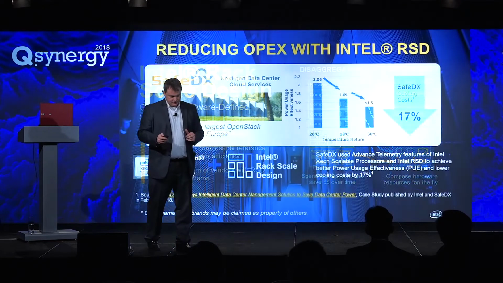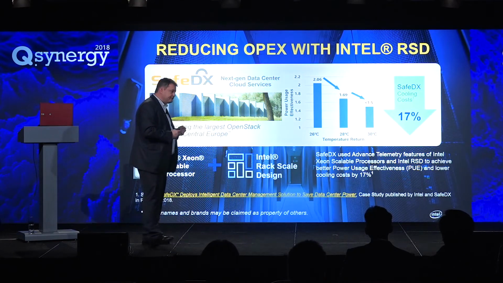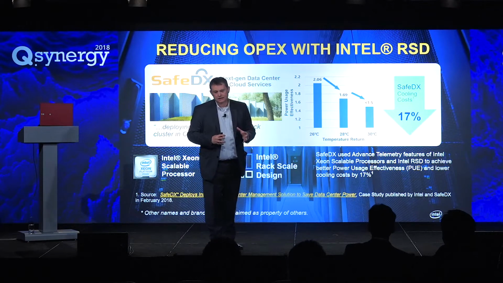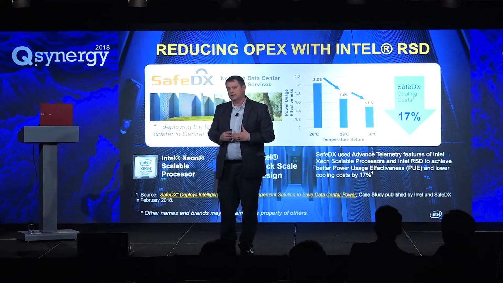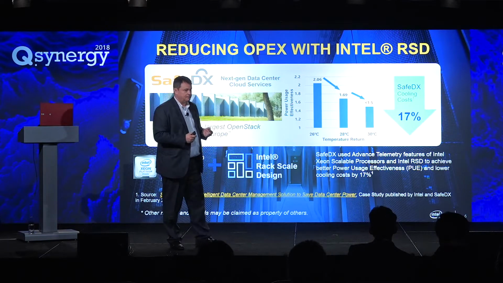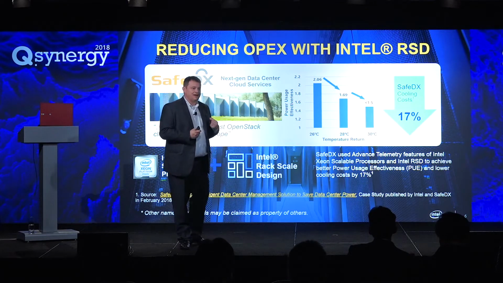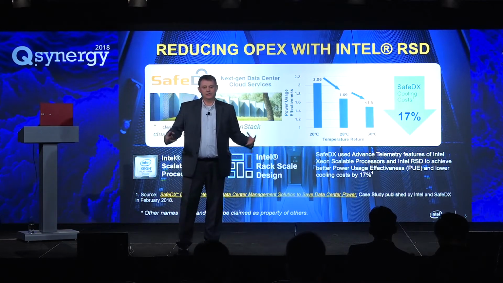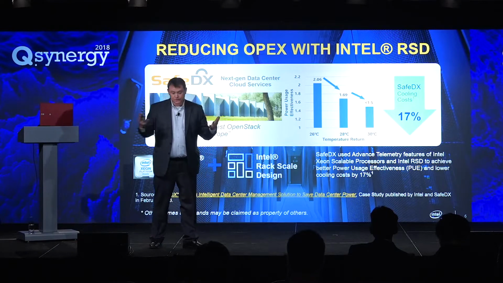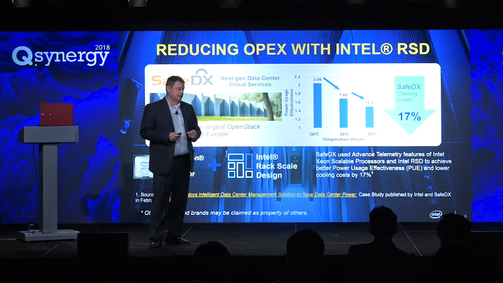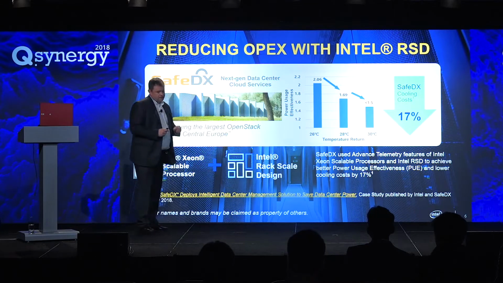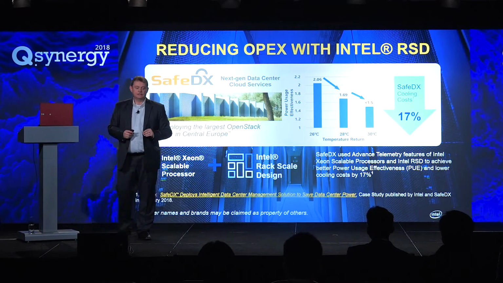All right, having talked so much about composability and disaggregation, I want to make sure that another key attribute of rack scale design does not get missed out. And that is the advanced telemetry that we provide as part of the software that we share with partners such as Quanta. This is a concrete use case from the largest OpenStack cluster in Central Europe.